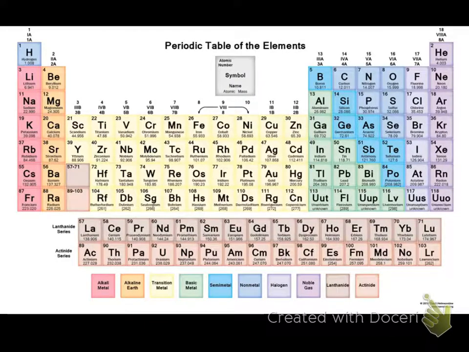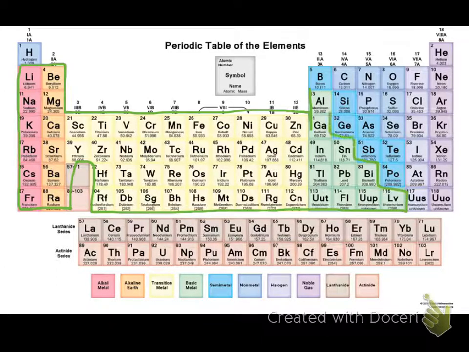Okay, so on to the table itself. You've learned by now that there are 5 broad groups of elements on the periodic table. The metals, which is everything here. It's a pretty big group. The non-metals, a much, much smaller group, but pretty important to life as we know it.